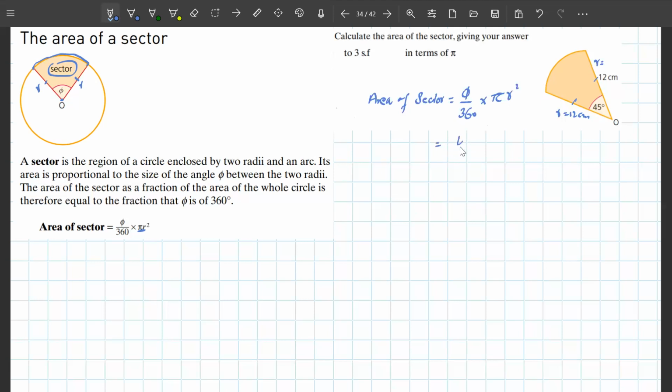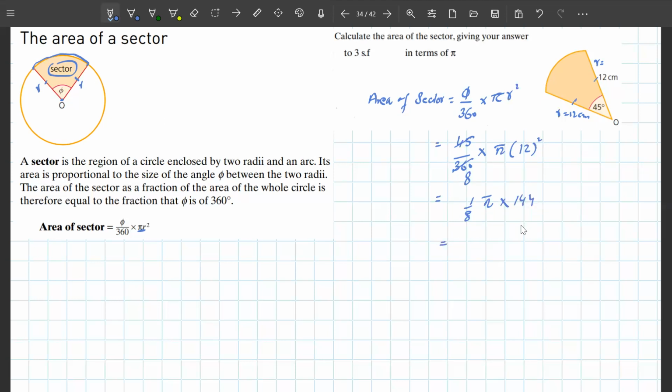The angle is 45 over 360 multiplied by pi, r is given as 12, squared. 45 can cancel 360 by multiplying by 8, so 1 over 8 pi, 12 multiplied by 12 gives us 144.